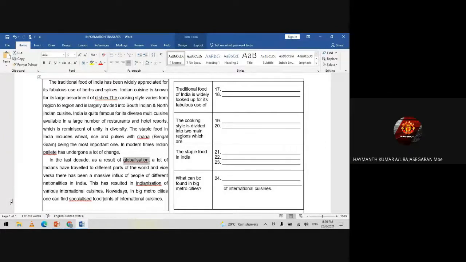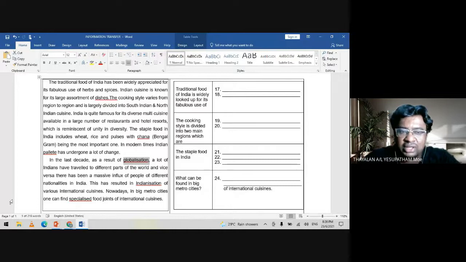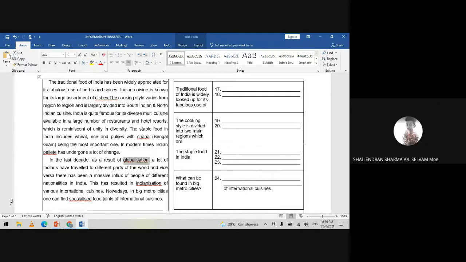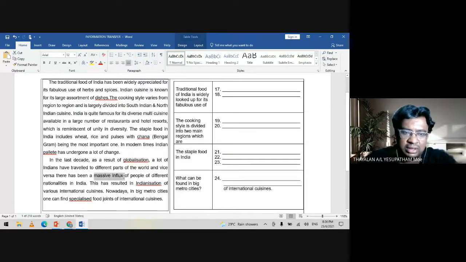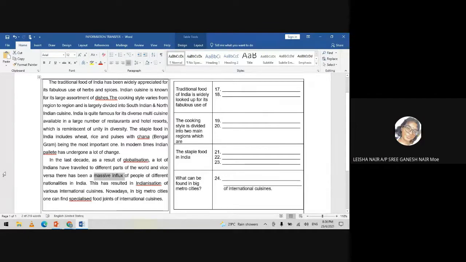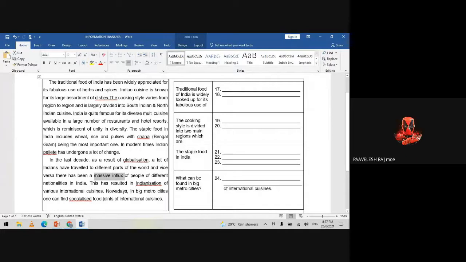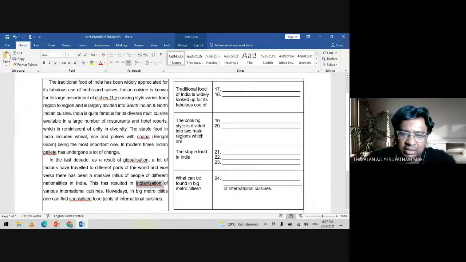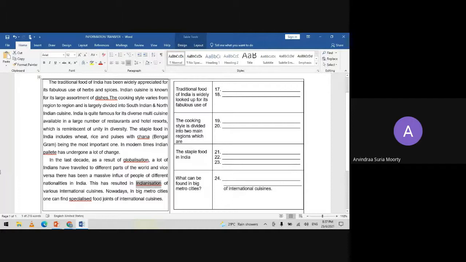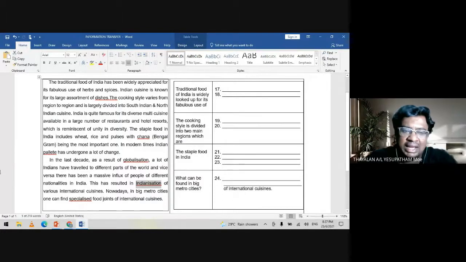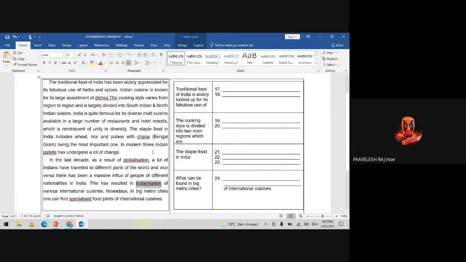Globalization. All right. Okay. Now this one. Massive. Massive influx. All right. This one. Indianization. All right. Very good.